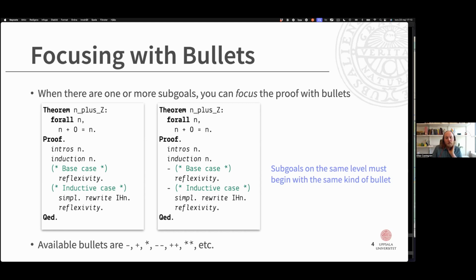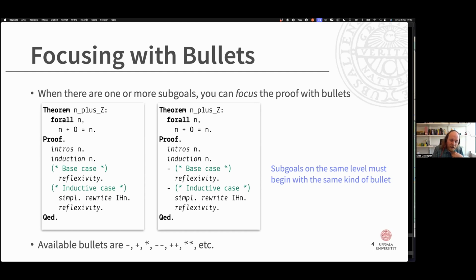So the whole point of focusing is to help you structure your proof so that you know what's going on. And also, if things change, then you know which sub-goals didn't finish, because you know where a sub-goal is supposed to end.